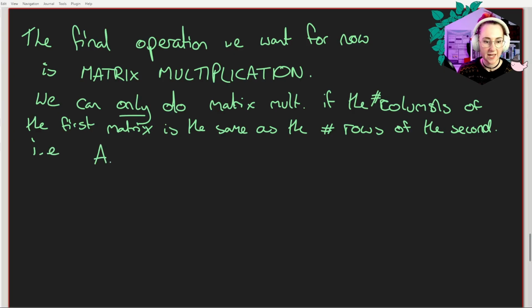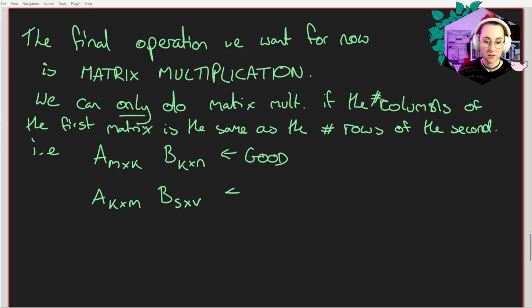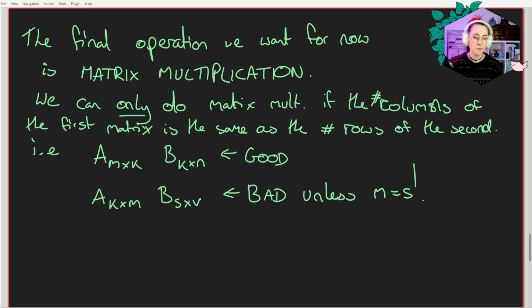I.e., matrix A is m by k, and B is k by n. Good. If A was k by m and B was s by v, bad, unless m equals s. So it has to be the columns of the first matching the rows of the second.